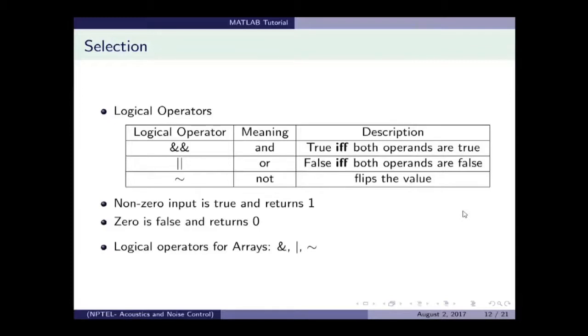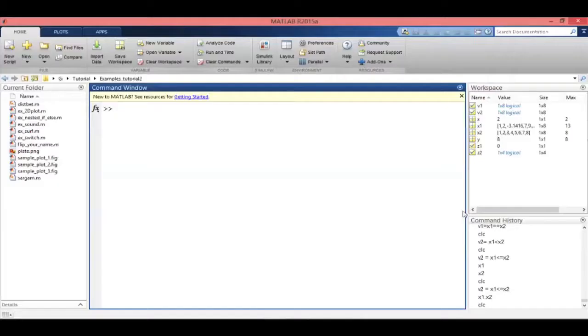So let's see a few examples again. AND will return 1 if and only if both the statements are true. So true and true will be true for the AND operator, and in MATLAB any non-zero number is true. Therefore let's see what x1 will be if I say 1.3 and 0.